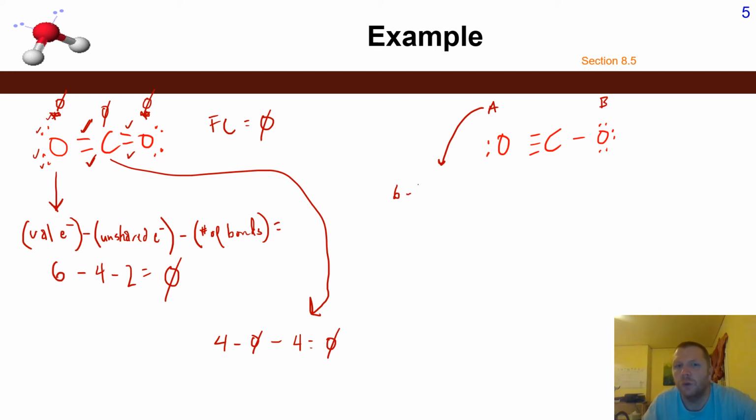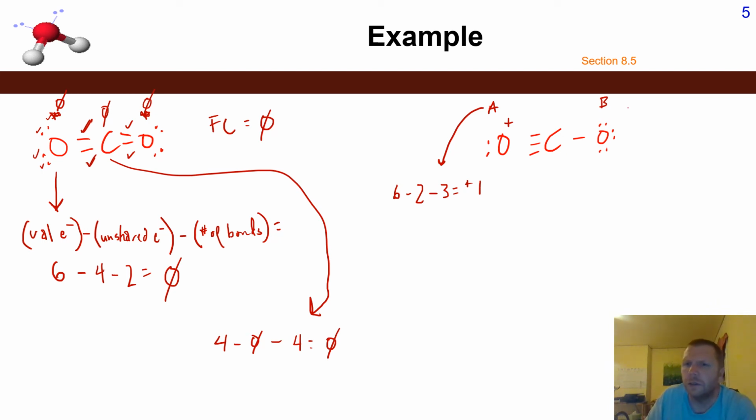Well, it's got 2. Then, how many bonds does it have? Well, it has a triple bond, so 3 bonds. So 6 minus 2 minus 3 is going to be equal to positive 1. So this has a positive charge on it. It's important to make that distinction that it is a positive versus a negative or something like that.